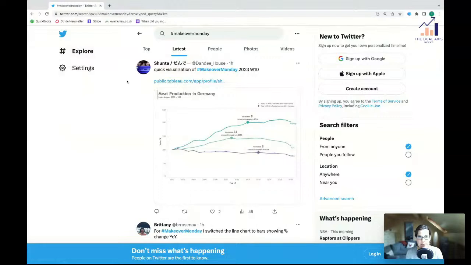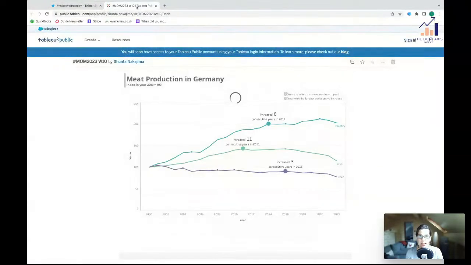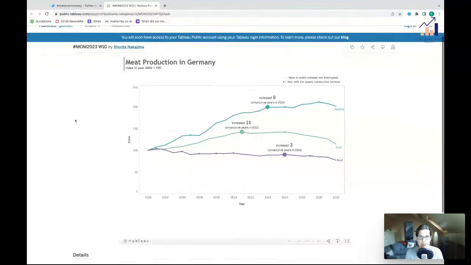And here is a Viz by Shunta. Let me open a new tab with the interactive version. This is about meat production in Germany. No other context. I'm always a big fan of having some sort of introduction, a sentence or two about what I'm actually looking at.